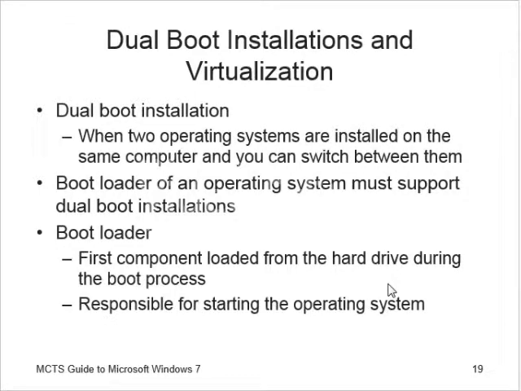However, there are some disadvantages of dual booting, which include the following. You must have a separate disk partition available to install Windows 7. Two operating systems require twice as much disk space as one.